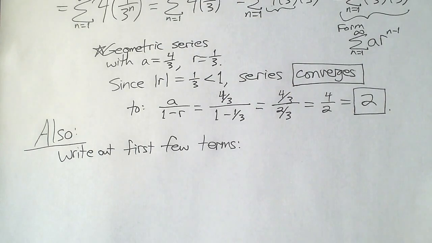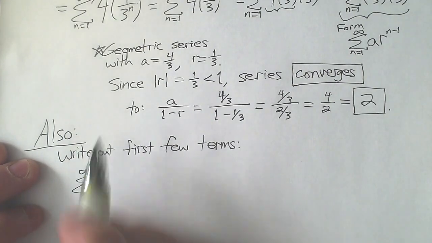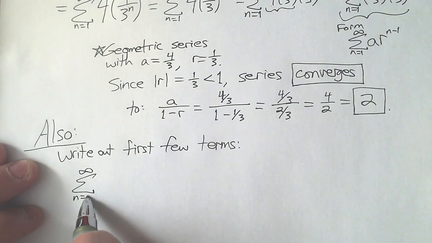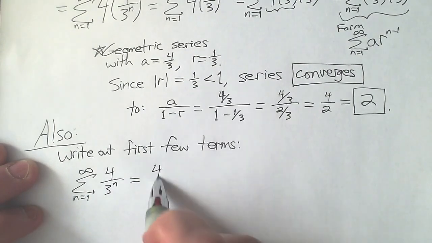Don't mix up series and sequences. But when we talked about sequences, it was sometimes helpful to write out the first few terms, and maybe with a series, it might also be helpful, just to get a sense of what's going on. Like, what is this series?